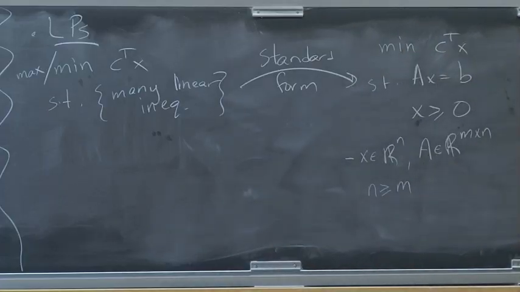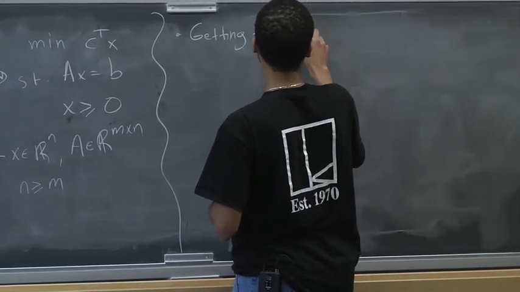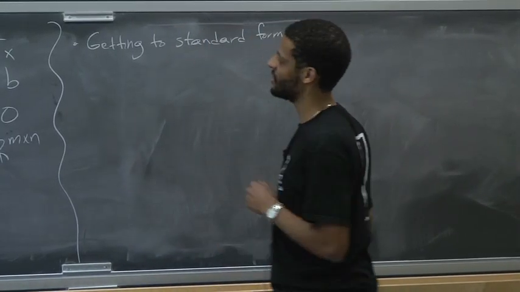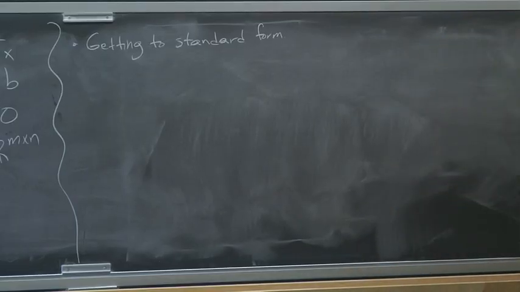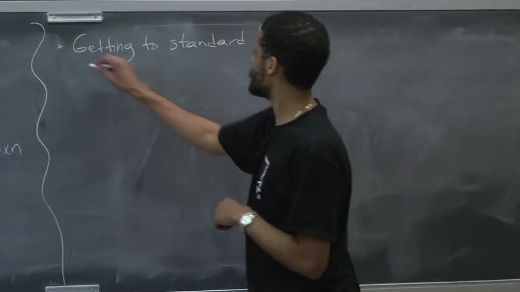So how can I write anything in this form? Getting to standard form, how do I do that? As I'm going to describe the simplex algorithm, it assumes that your LP is written in standard form. So that's why I want to put it like that. So how do we do that?